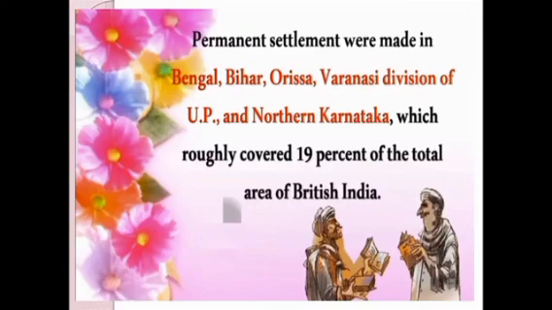So, permanent settlement was implemented in Bengal, Bihar, Orissa, Varanasi division of Uttar Pradesh and northern Karnataka.